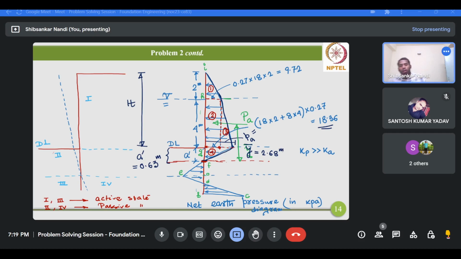Okay, so till now we don't know the values of this part. This part we did not determine, and it was not required to solve at least problem 2 and problem 3. Now this part will come into the picture when we determine the depth of embedment of this wall.